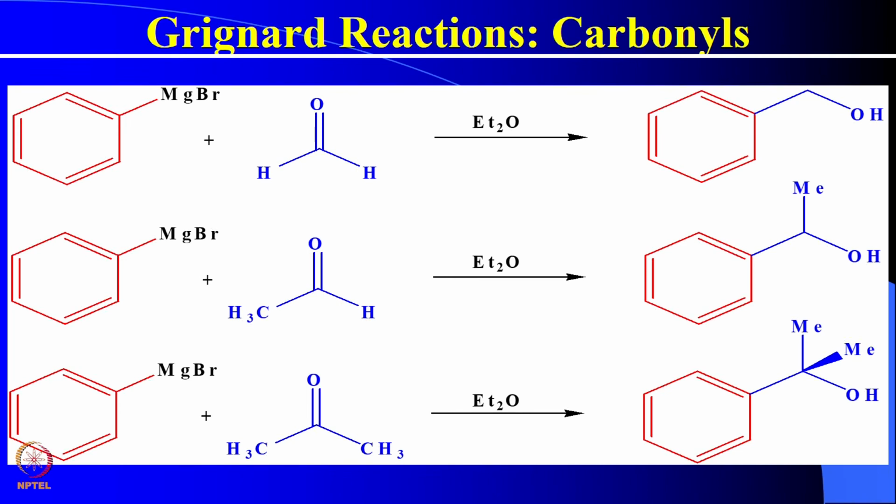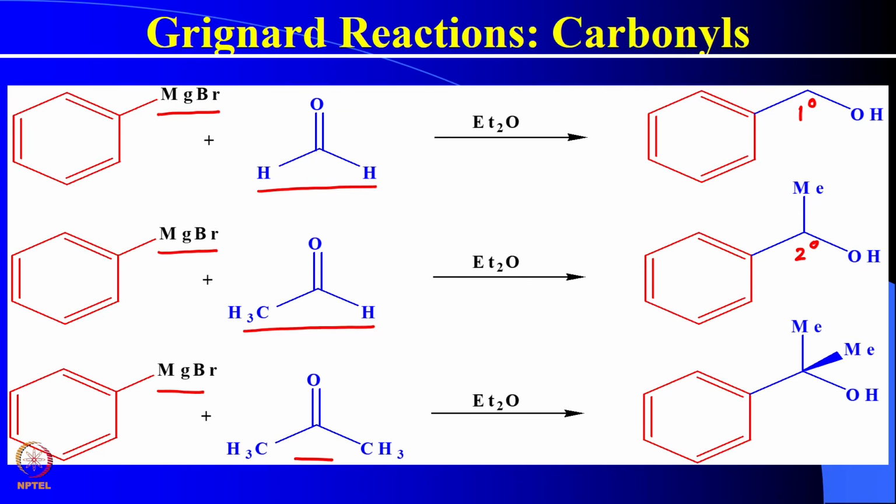So let us see a couple of such examples. Phenyl magnesium bromide treated with formaldehyde generates a 1 degree alcohol, which is benzyl alcohol. This phenyl magnesium bromide, when it is treated with acetaldehyde, that is a 2 carbon aldehyde, generates a 2 degree alcohol.